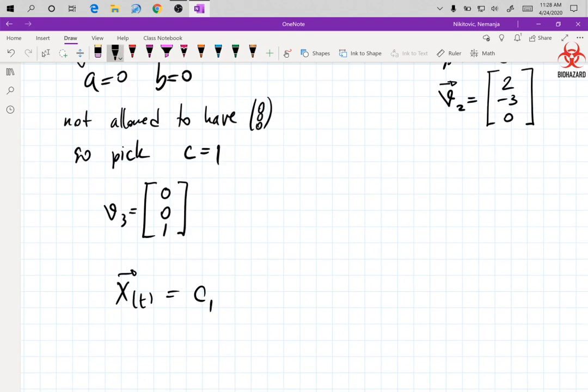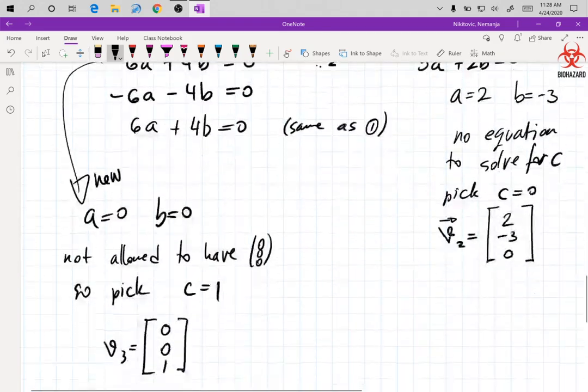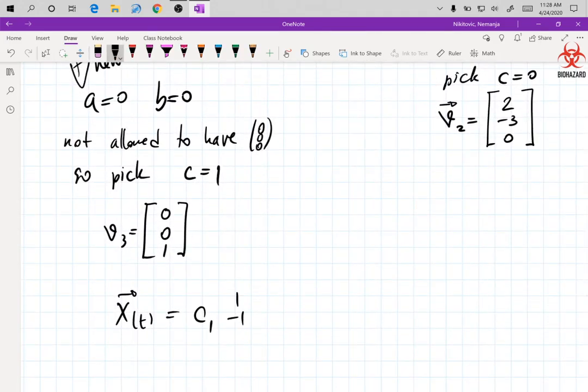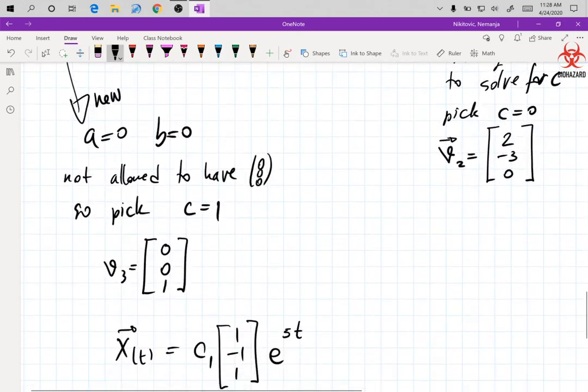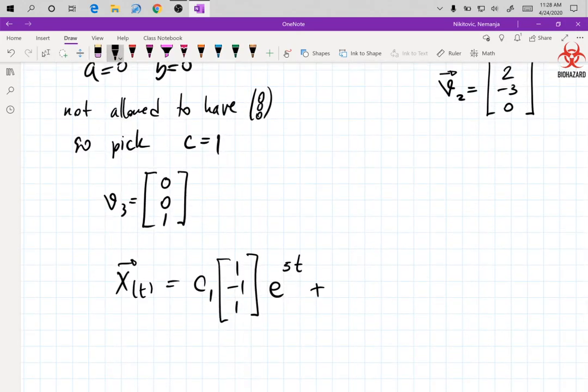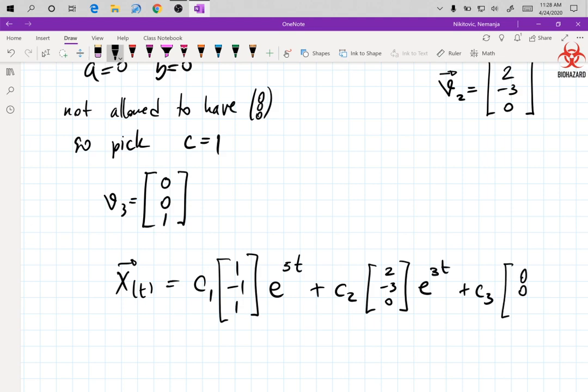C1 times the first vector, which was 1, negative 1, 1, times e to the first lambda, which was, I believe, 5t. Was it 5, the first eigenvalue? Yep. And now we have 3's. So plus C2, my vector was 2, negative 3, 0, e to the 3t, plus C3, 0, 0, 1, e to the 3t.